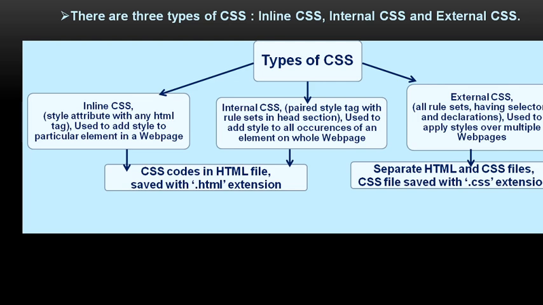Now students, in inline CSS and in internal CSS, we are adding CSS codes to the HTML file itself. So the extension of the files is .html. In third type of CSS, that is external CSS, we have to create separate CSS file and then link this separate CSS file to the HTML file.